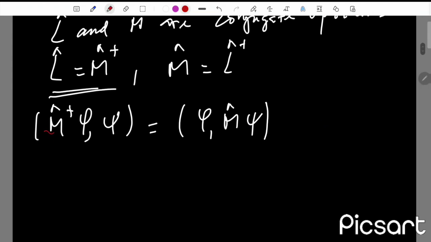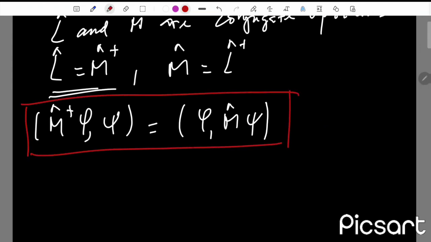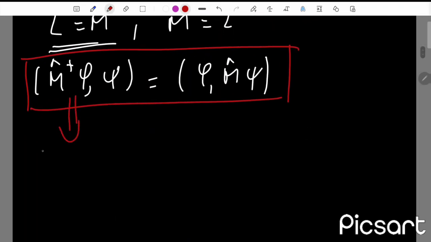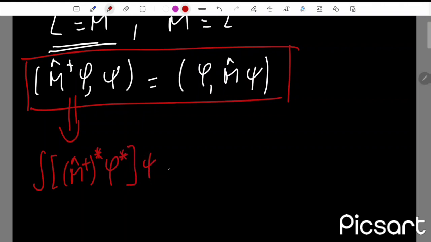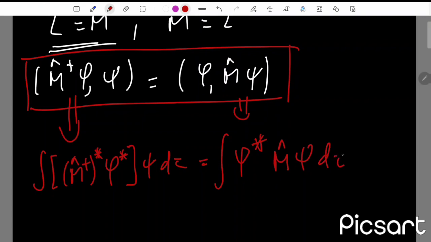And if you remember the definition of inner product, you know that this term is equal to the integral of M dagger phi, complex conjugate, times psi, dx, over the whole space, and this term will be equal to phi complex conjugate M acting on psi, and we are taking the integration on the whole space.